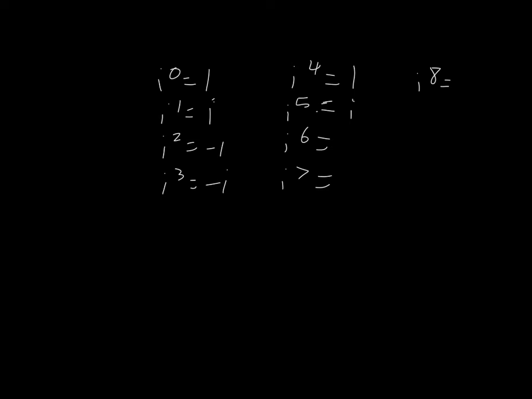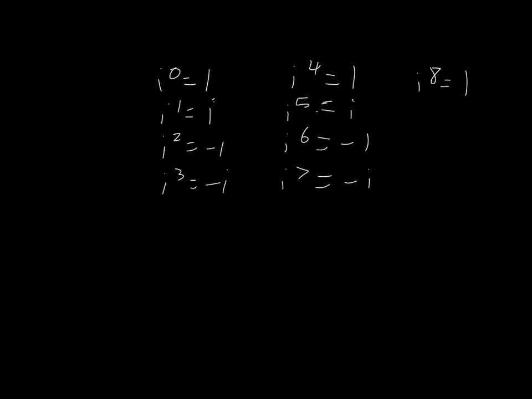And then when we said i to the fourth equals 1, i to the fifth equals i, what would you guess the next one's going to be? Well, look at the left column. This second column is following the exact same pattern. And at i to the eighth, we're back at 1 again.